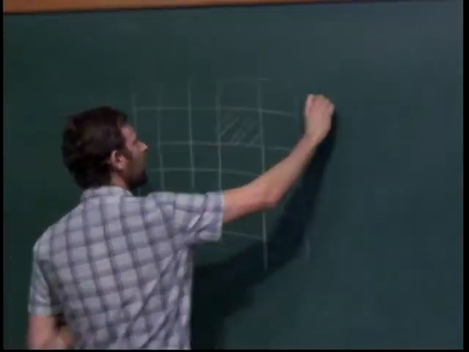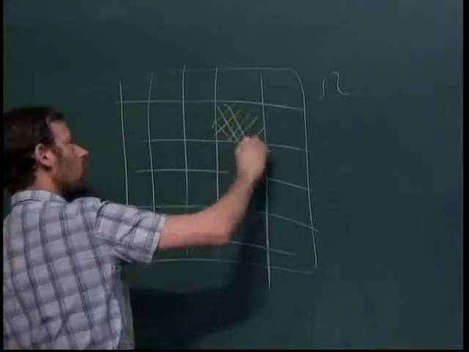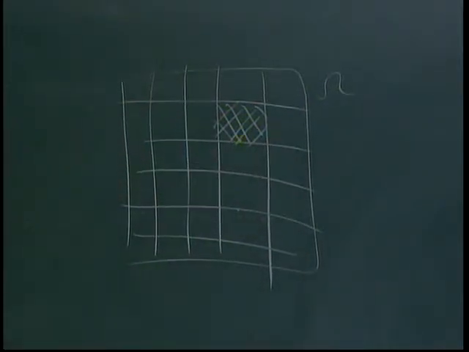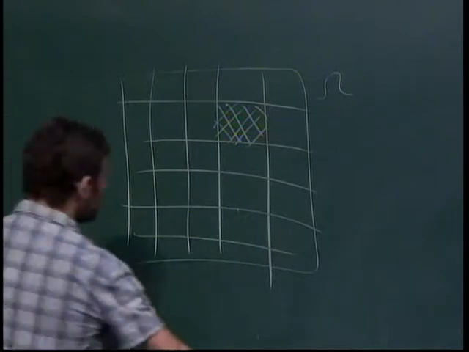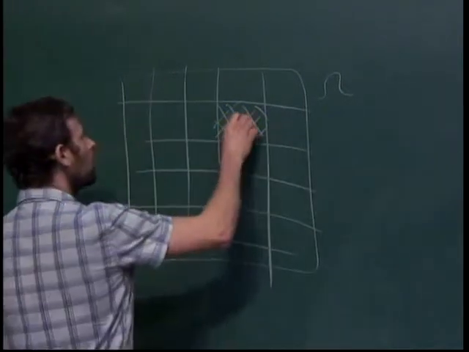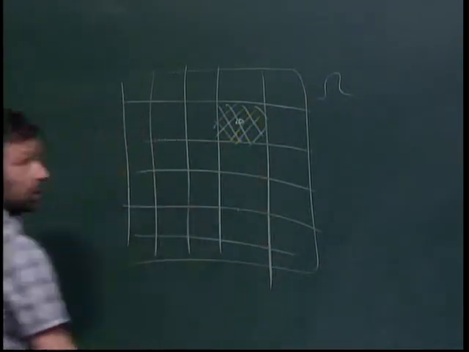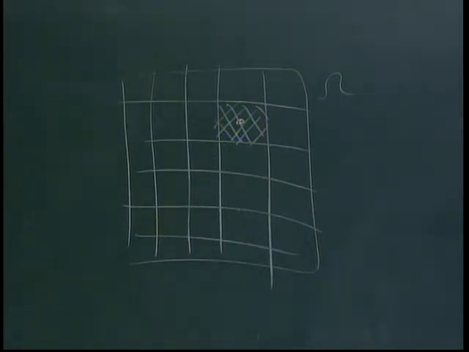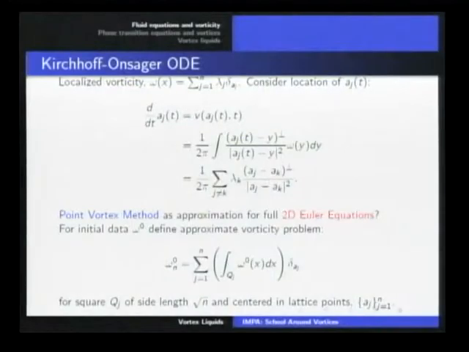This is my domain omega, and then on each small square I can just average the amount of vorticity, and then stick a delta function right in there, with the weight given by the average of the vorticity on this small square. And so that would be my initial data for my vortex n right there at point a_j. And so these are small squares.